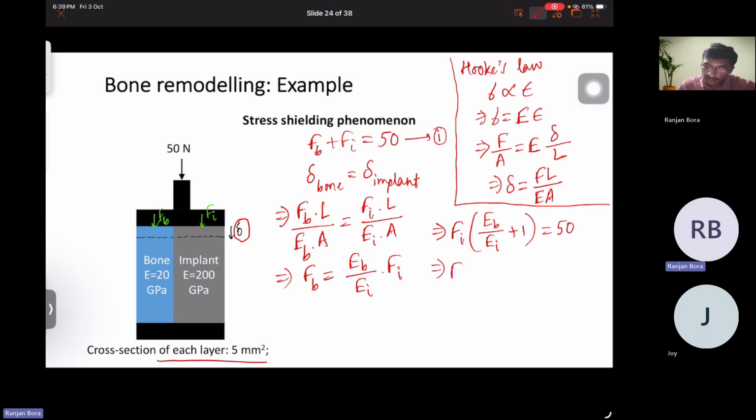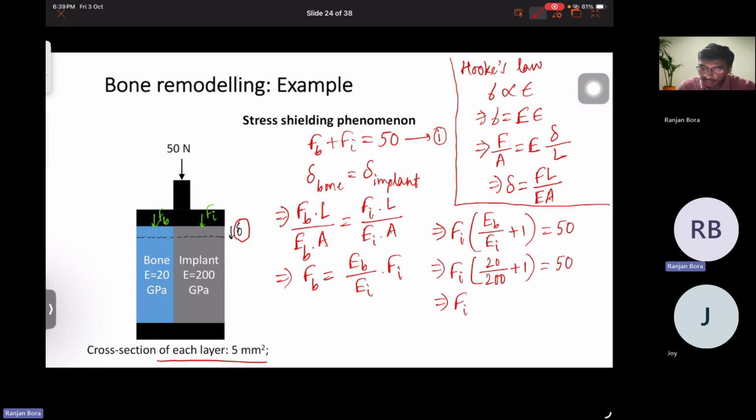Now if we substitute, EB, Young's modulus of bone, is given 20, Young's modulus of implant is 200, plus 1, equals 50.